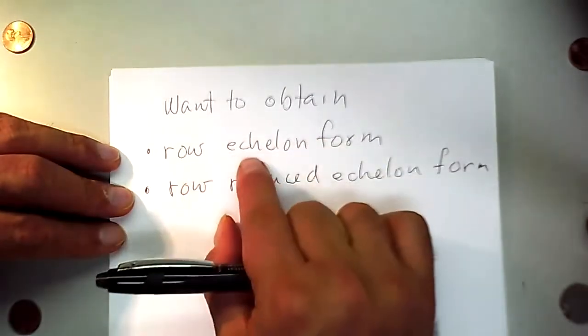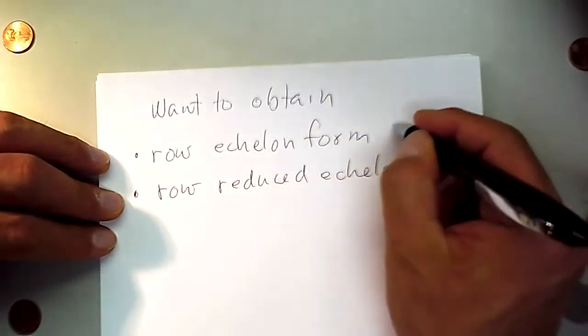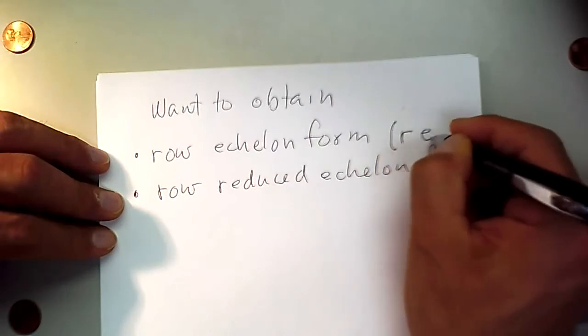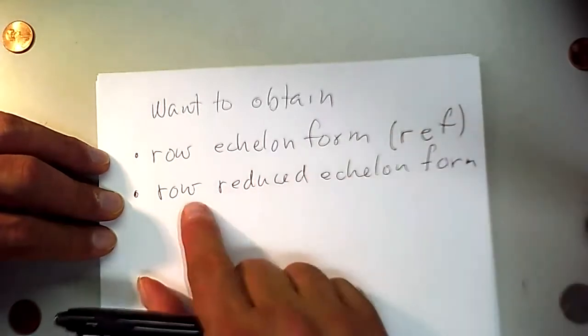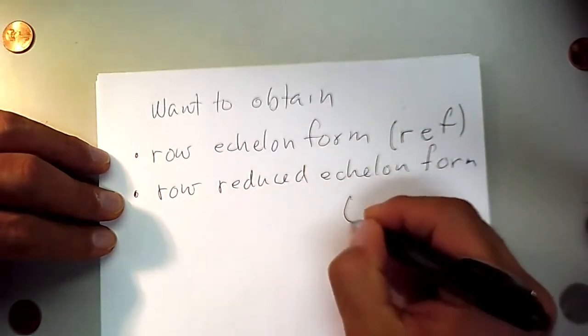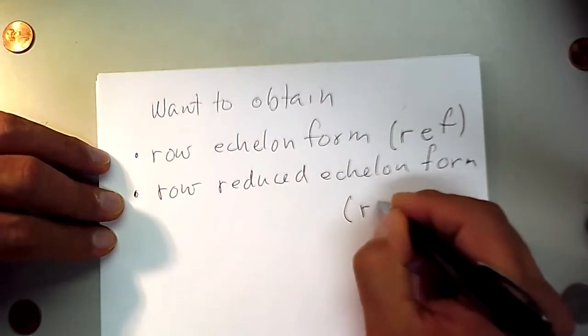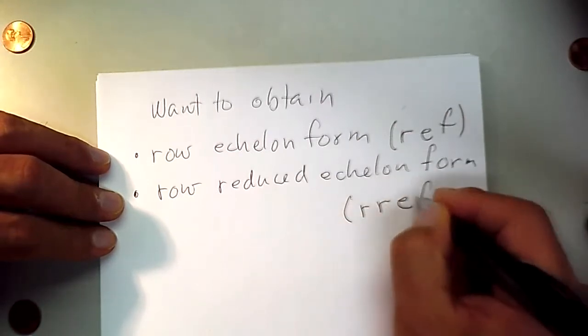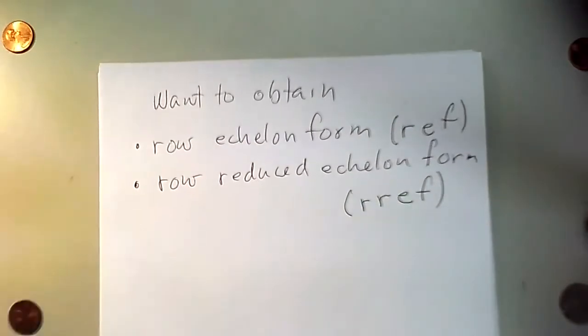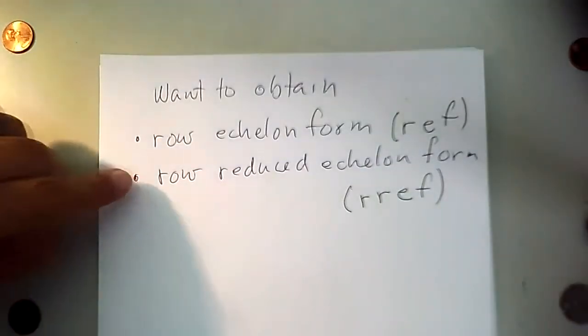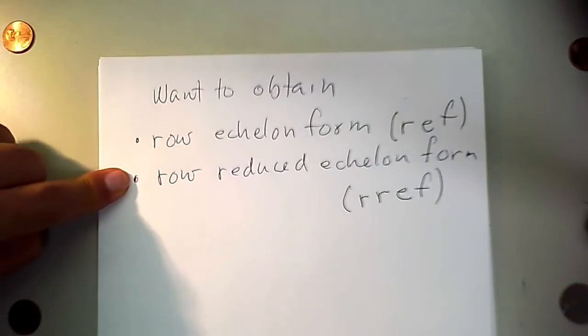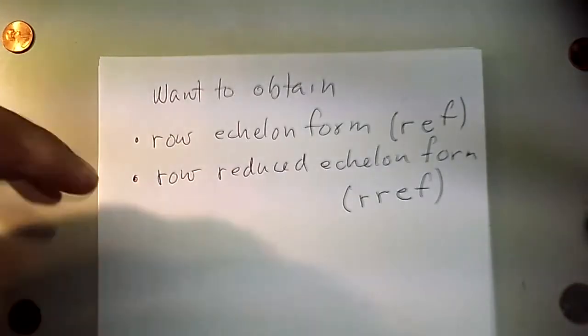The row echelon form is abbreviated REF. The row reduced echelon form, as you will probably be able to tell, will be RREF. Let me explain this one first, and I'm going to explain it by showing you how it looks.